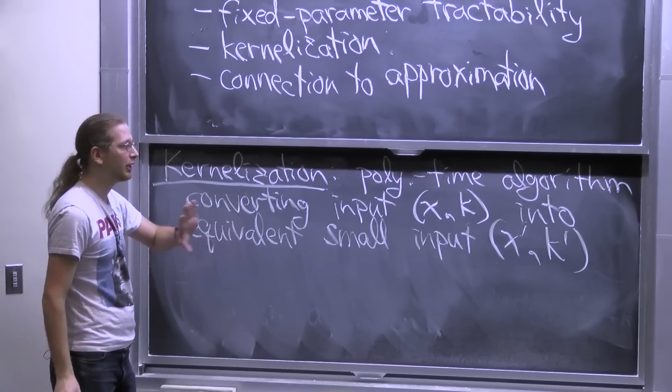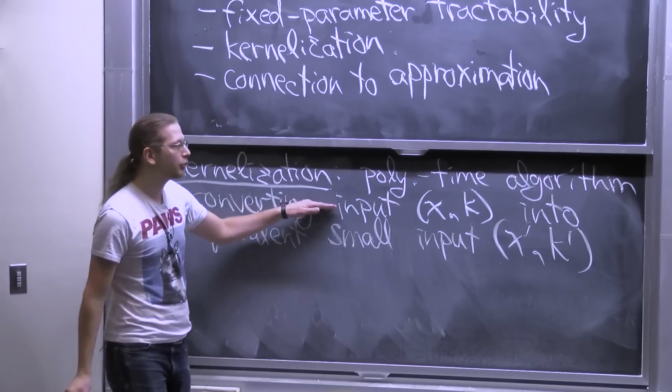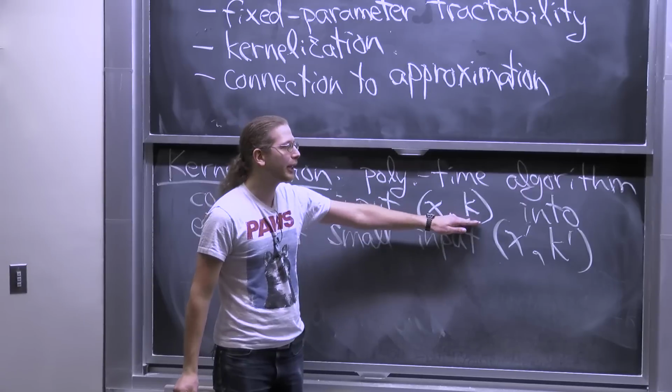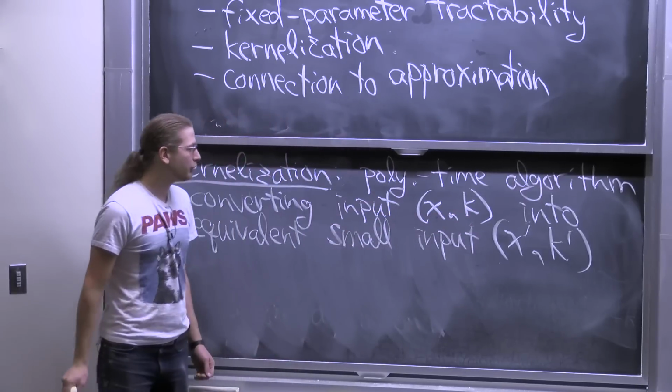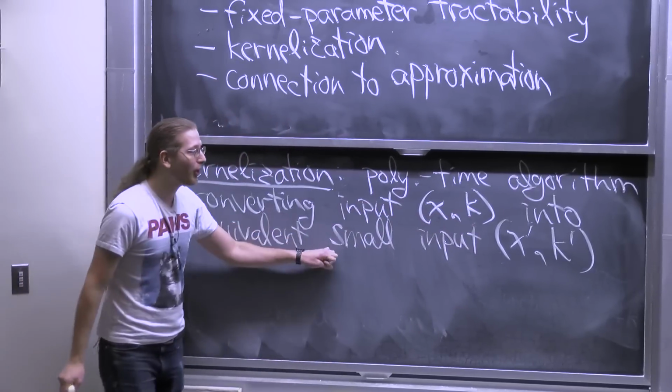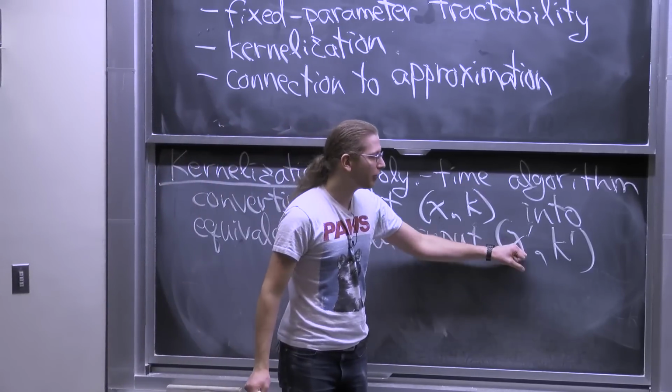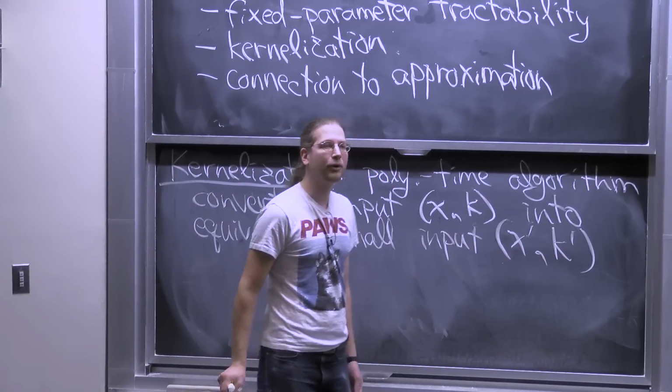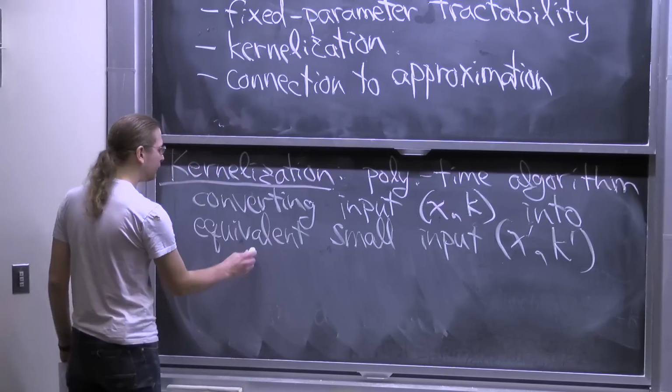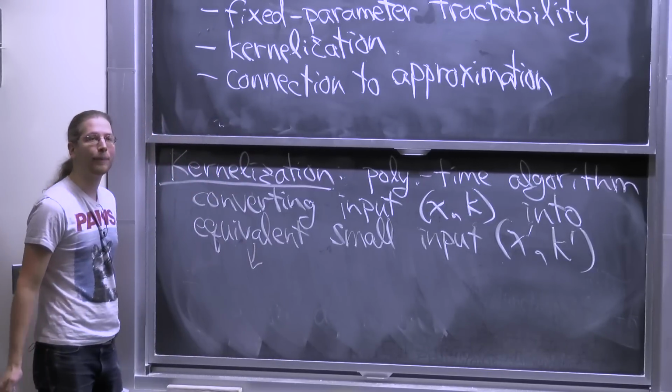Okay, if the problem is fixed, say vertex cover, we're given an arbitrary input. This would be a graph and a number k. And we want to convert it into an equivalent small input, which is another graph g prime and another parameter k prime. So equivalent means that the answer is going to be the same.